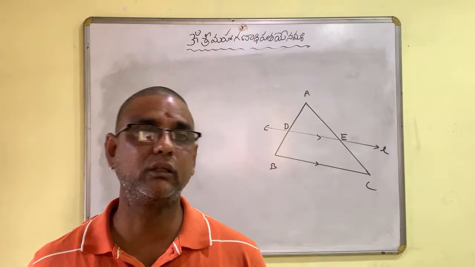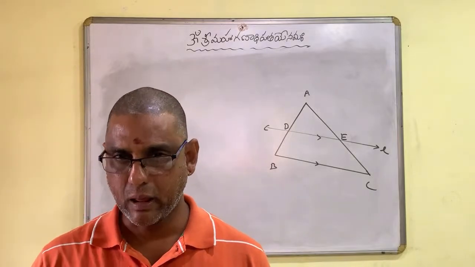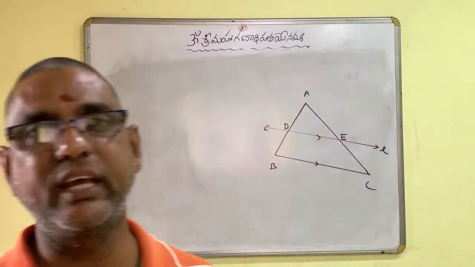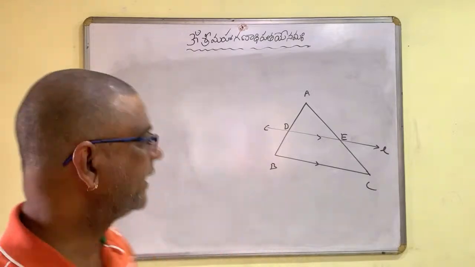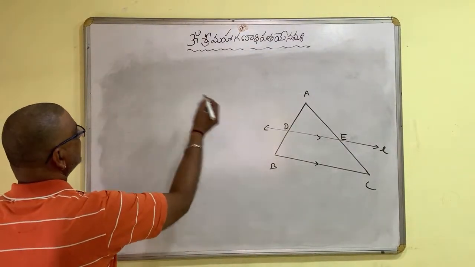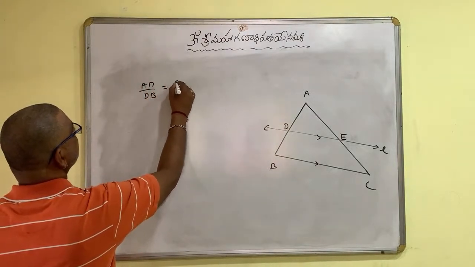Then, if it happens so, the line L divides the other two sides in the same ratio.